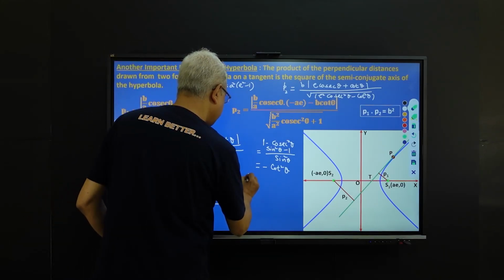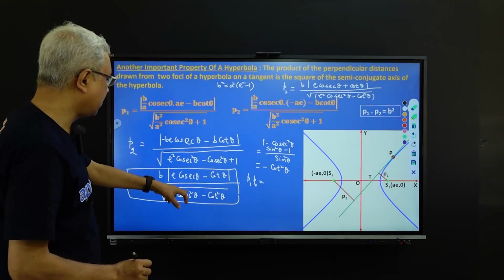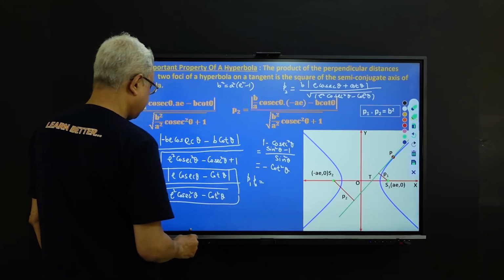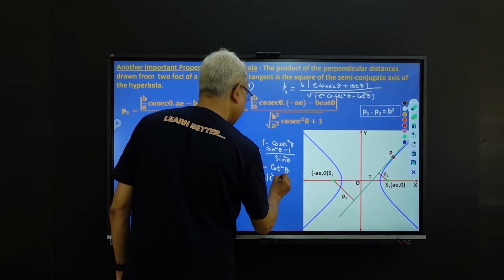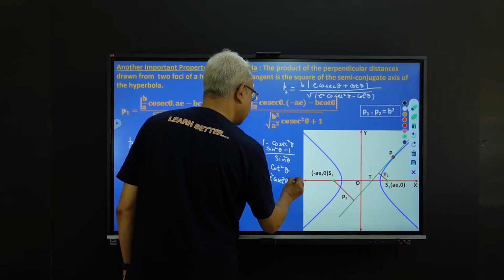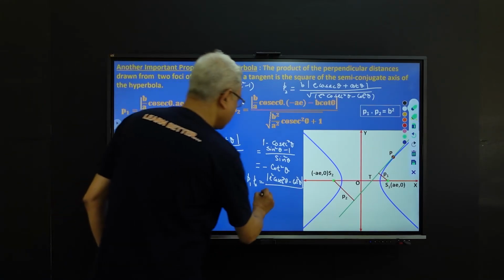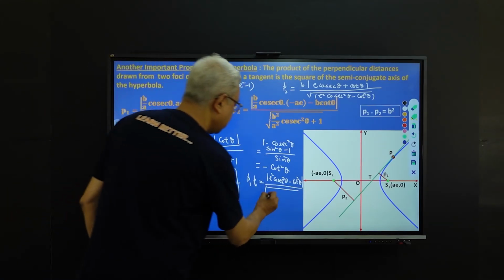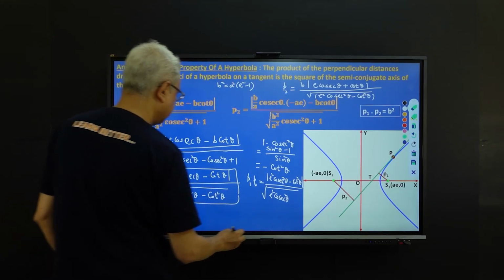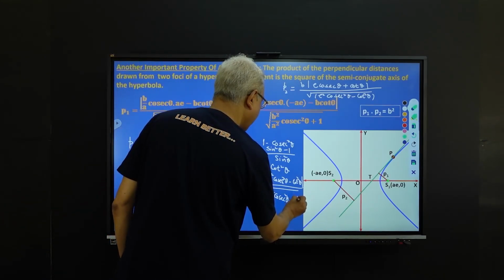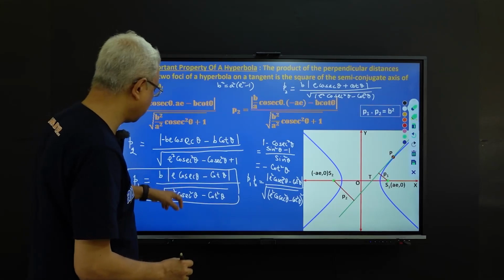So P1 multiplied by P2 is e square cosec square theta minus cot square theta mod, divided by square root of e square cosec square theta minus cot square theta whole square, because the denominator is the same in both the cases.